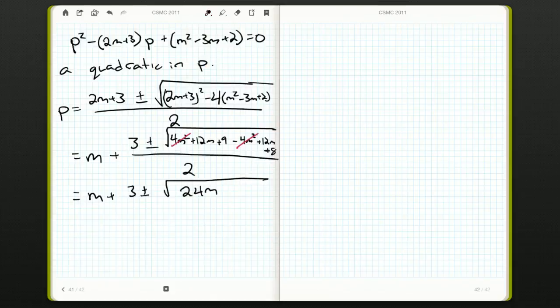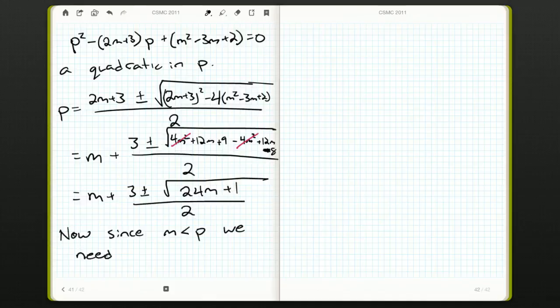Oop, that should be a minus 8. 9 minus 8, so that's plus 1. All over 2. Okay. I guess it still could be negative a little bit if this was small enough.